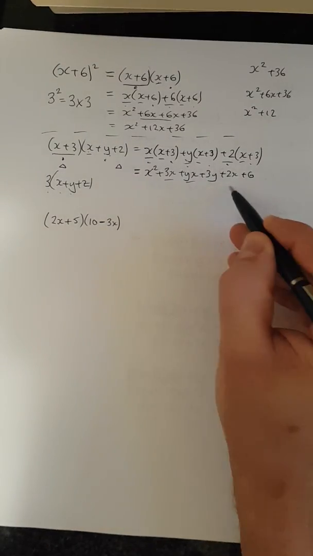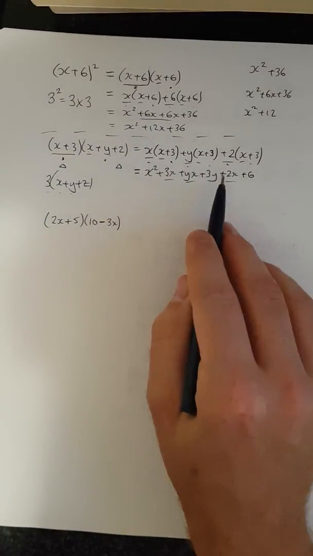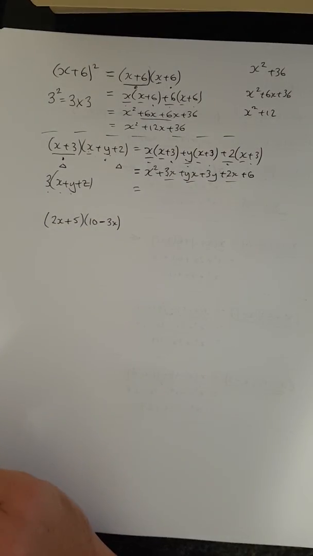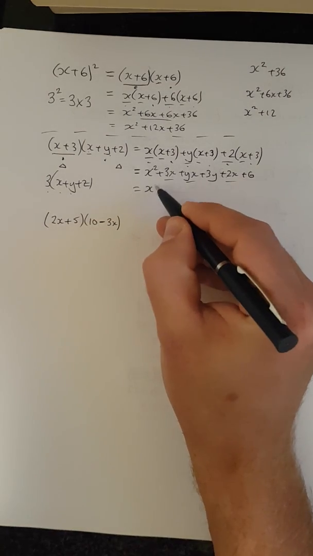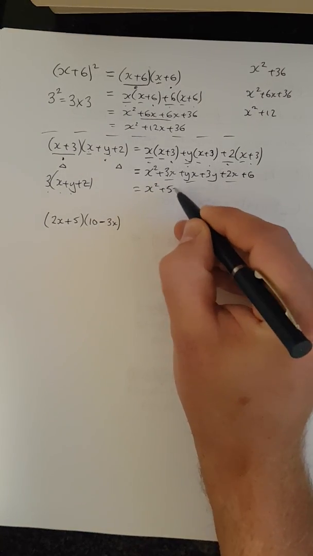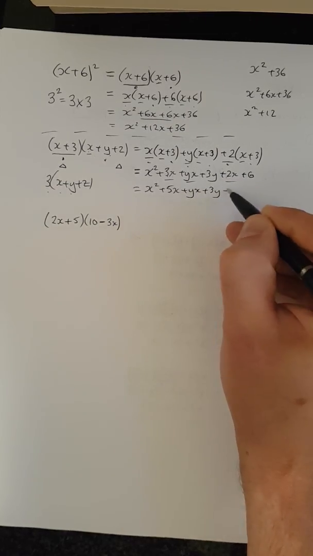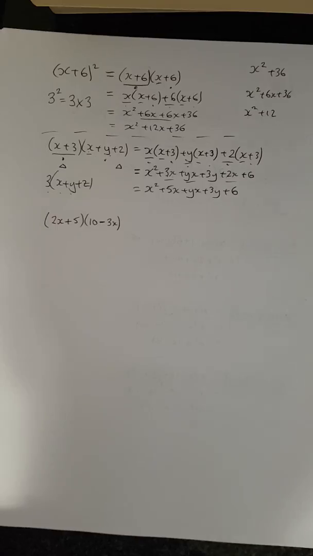Now there are 3 terms with x in here. I get 5x from those and y lots of x from that one. I'm not going to put the y in with the x's. I'm going to do this. X squared plus 5x plus yx plus 3y plus 6.